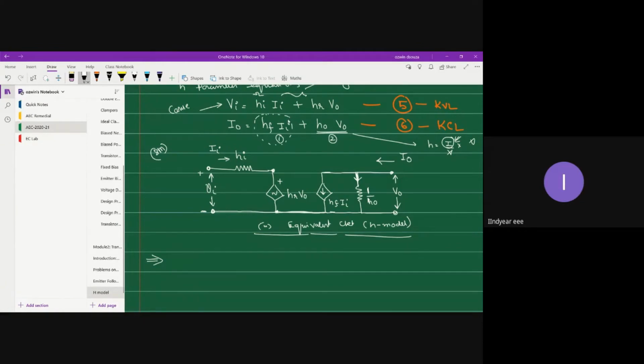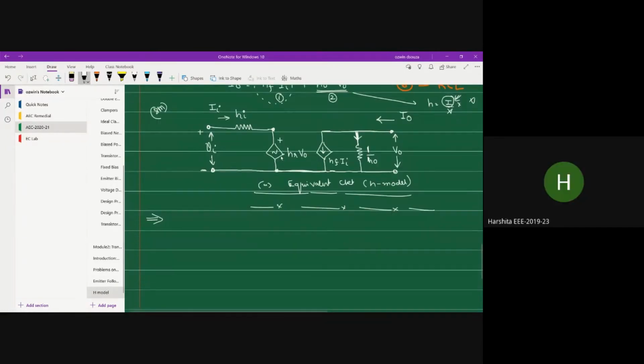the H models for common emitter configuration, common base configuration, as well as common collector configuration. Did you understand how to derive H parameters and how to construct the model? Now you see the beauty of this H model.